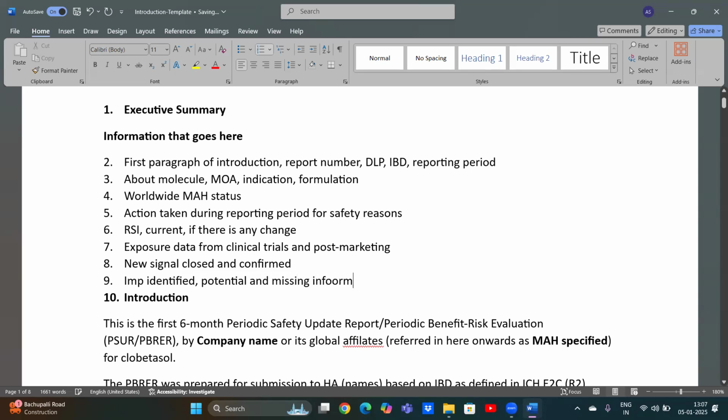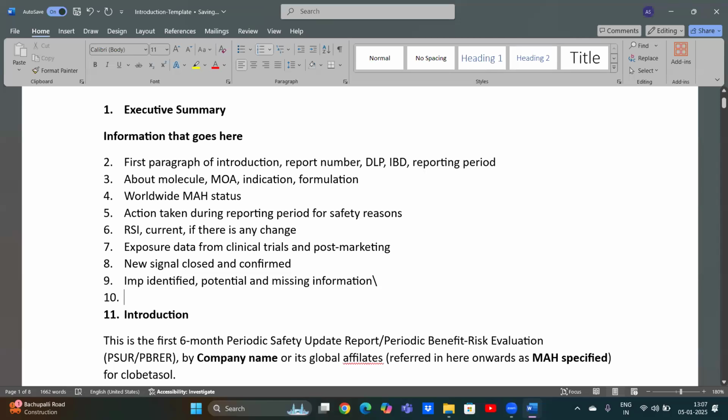You will just enlist that these are the important identified, these are potential, these are the missing information. If any new significant information is found for any of the risks, then you can present it here. Otherwise, you will say that no new significant safety information was found for this. And then you will go directly to section 18.2.